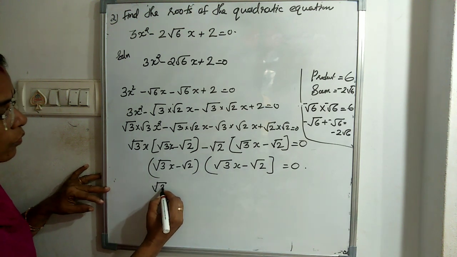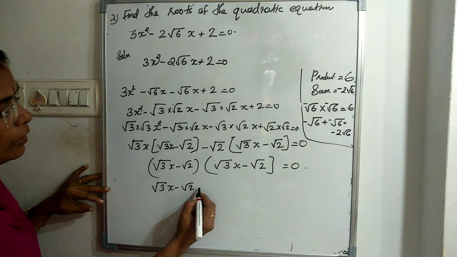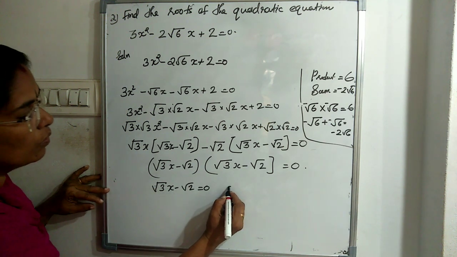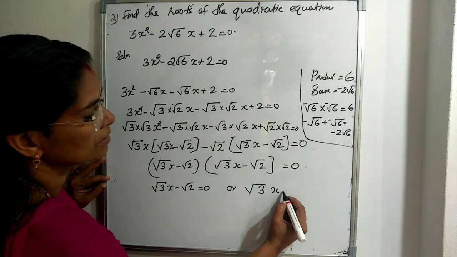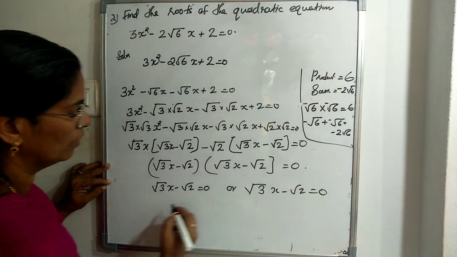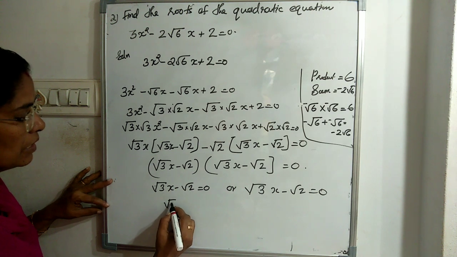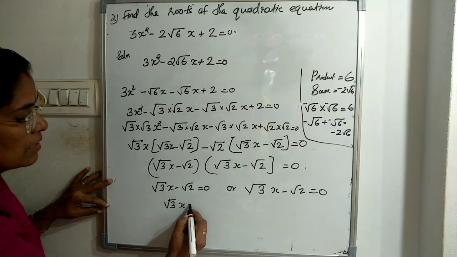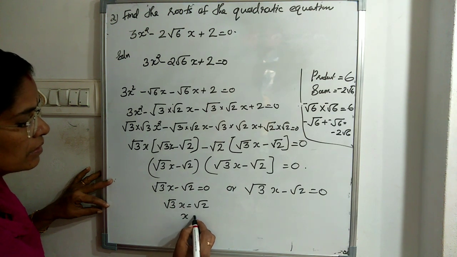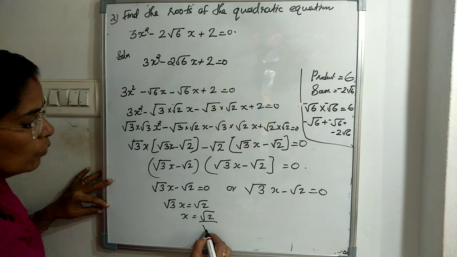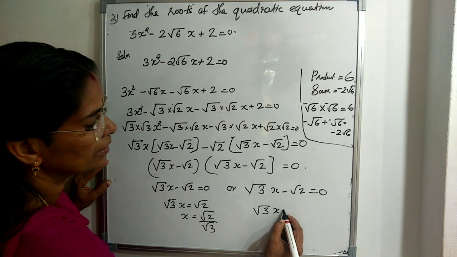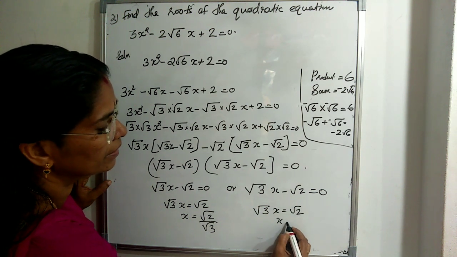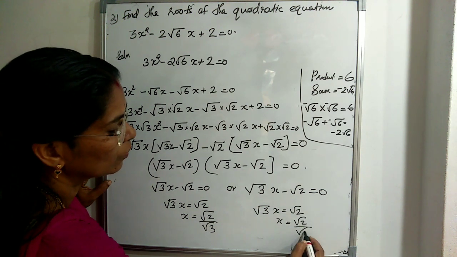We write √3x − √2 = 0, or again the same term is coming, √3x − √2 = 0. From here, equating with 0, we get √3x = √2, or x = √2/√3. Here also we get the same answer: √3x = √2 and x = √2/√3.